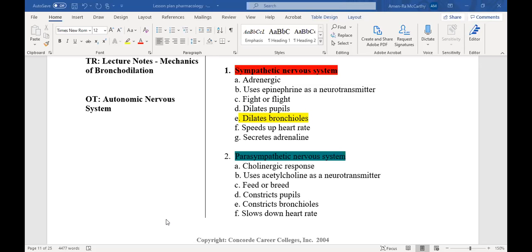Parasympathetic. Good. Miss Woods, which nervous system is the fight or flight? Sympathetic. Okay. Kayla, which nervous system will constrict my pupils? Parasympathetic. All right.